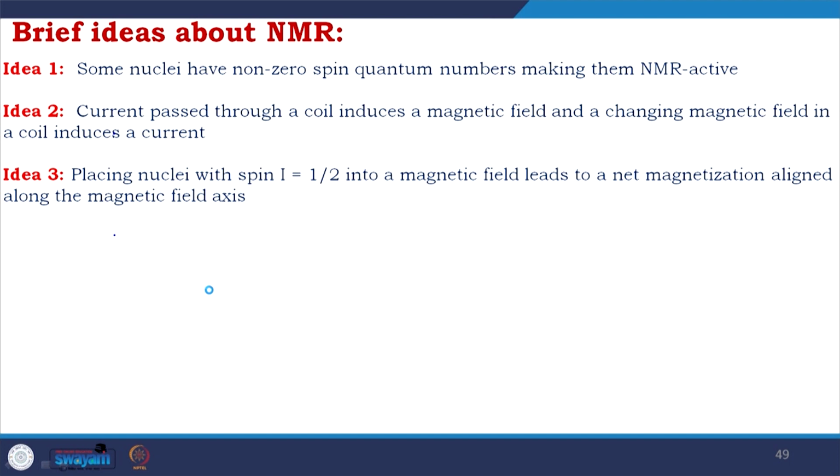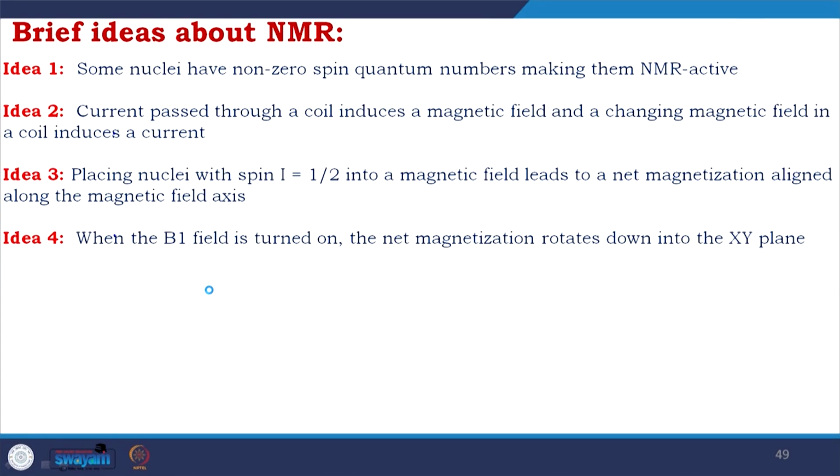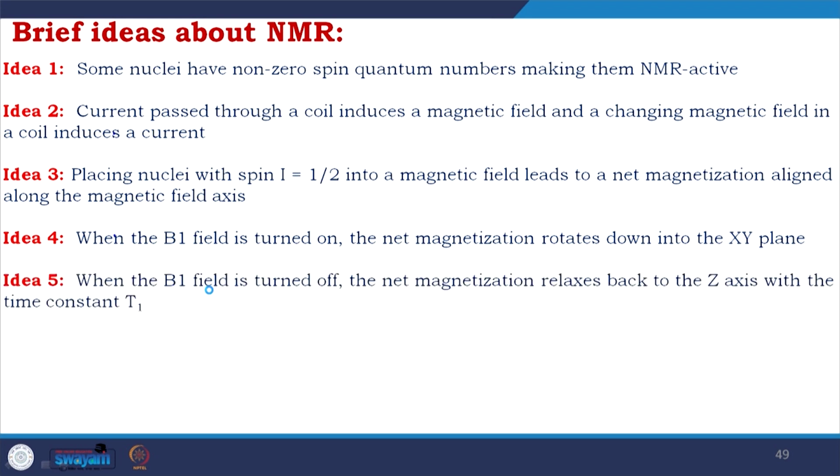Placing nuclei with a spin I of half, where most of the nuclei we are interested in, proton, carbon and so on, are, into a magnetic field leads to a net magnetization aligned along the magnetic field axis. When the B1 field is turned on, the net magnetization rotates down into the xy plane. When the B1 field is turned off, the net magnetization relaxes back to the z axis with the time constant T1.